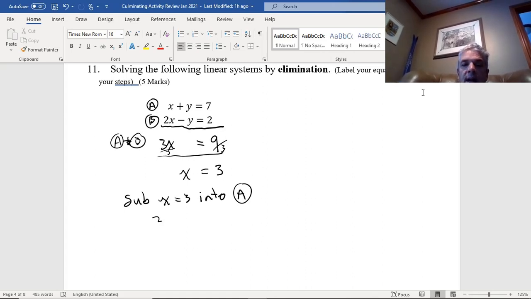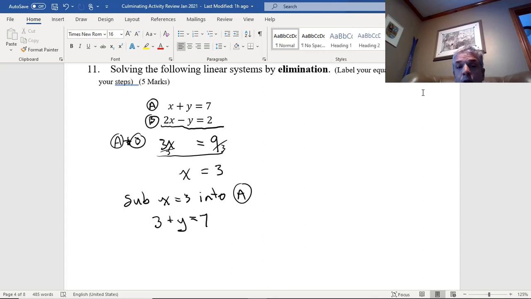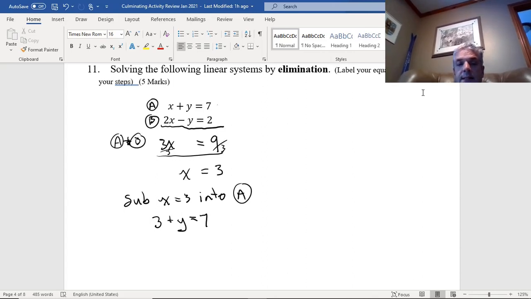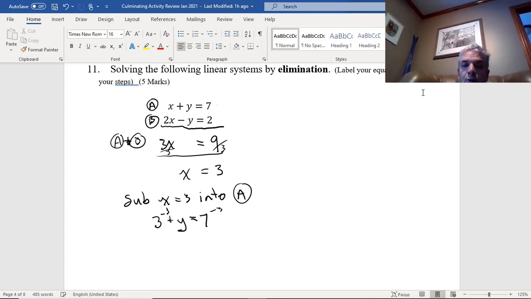So what I do is I write 3 instead of x plus y equals 7. And you'll see that that is the same equation as A, but now I've put the 3 in for the x. And now I can solve this. Well, subtract 3, y equals 4.